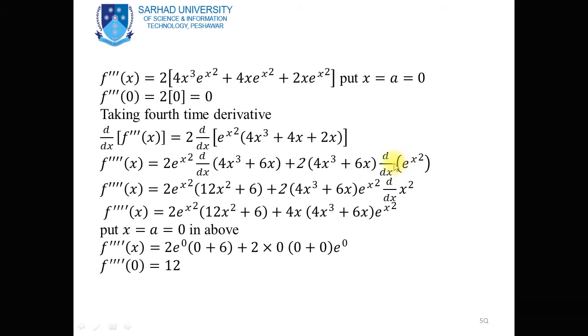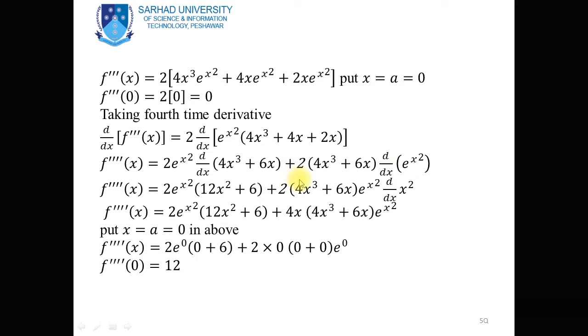So now we take the derivative of e power x square and take the derivative of 4x cubed plus 6x. So the fourth order derivative is equal to 2 into e power x square into (the derivative of 4x cubed, by using the power rule, we obtain 12x square, and the derivative of 6x is equal to 6), and now plus 2 into (4x cubed plus 6x), and the derivative of e power x square is as it is, and further the derivative of the argument x square is 2x.